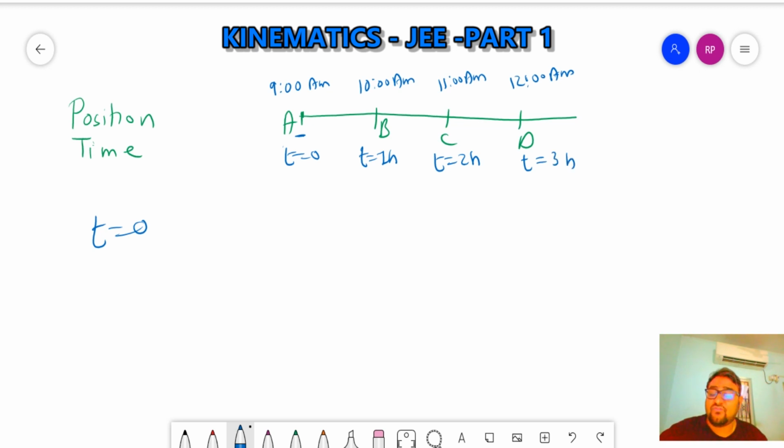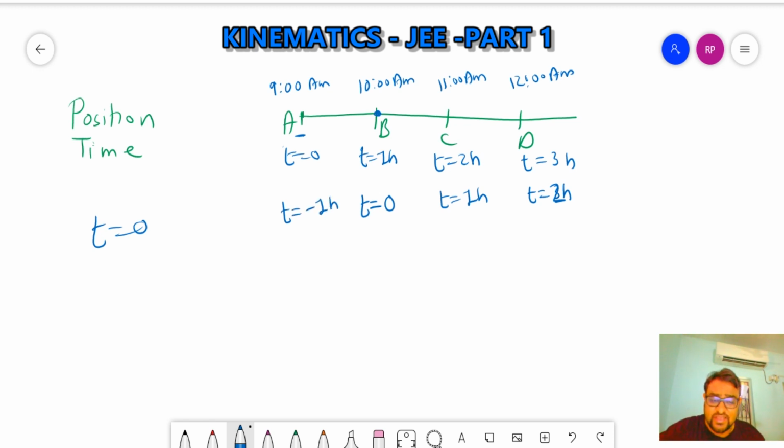Clear? But now if I shift the origin of time to B, meaning I start my observation here, then the object will reach C at t equal to 1 hour and D at t equal to 2 hours. And I will say that the object might have crossed A at t equal to minus 1 hour.